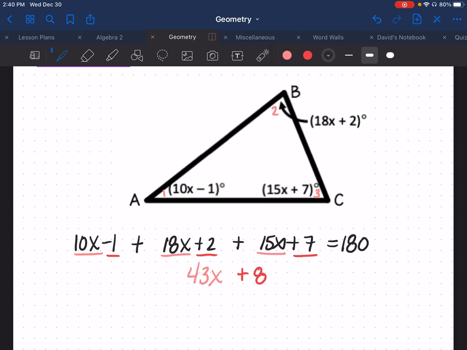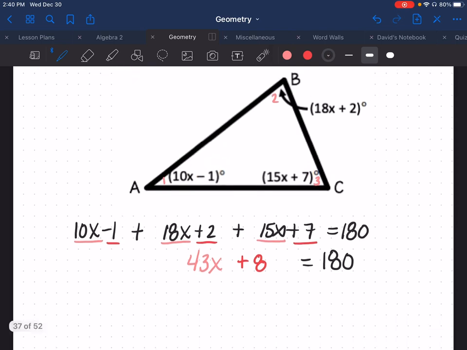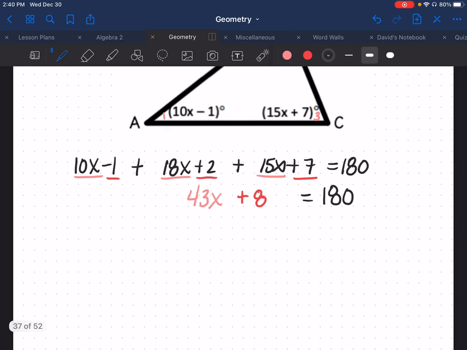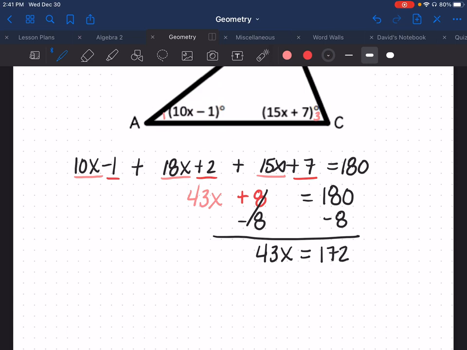And of course, that equals 180. Now I have my equation to solve, and they just want me to solve for x. So I'm going to subtract my 8, which gives me 43x equals 172. I'm going to divide by 43.